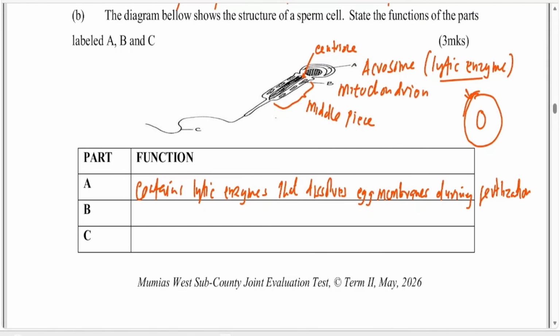Then we have part B. We have said this is a mitochondrion, and this mitochondrion provides the respiratory energy required for the propulsion or movement of the sperm cell.